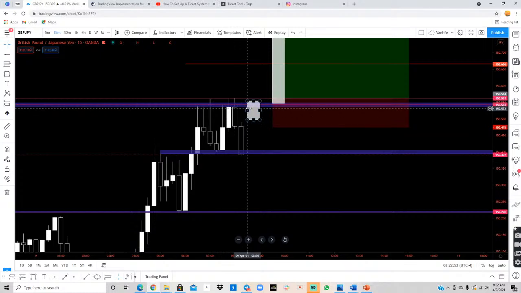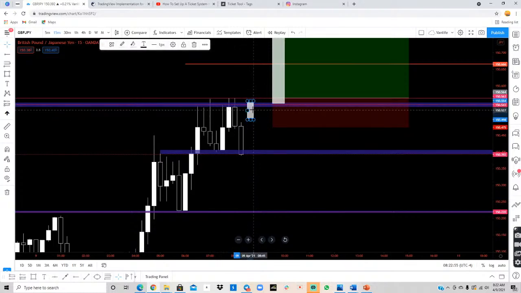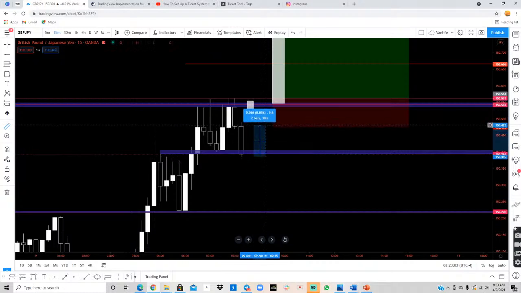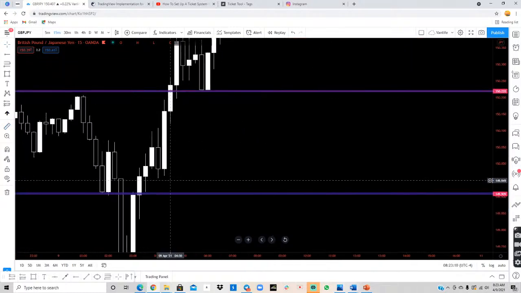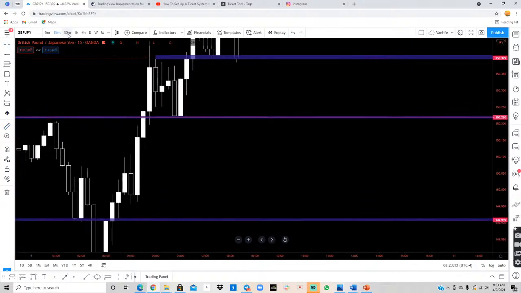Because as I can see, price is not breaking above the structure right here, and is breaking below this support. And I have these two 15-minute candles to actually mirror. Yeah, 10 pip stop, with continuation all the way back down to here.